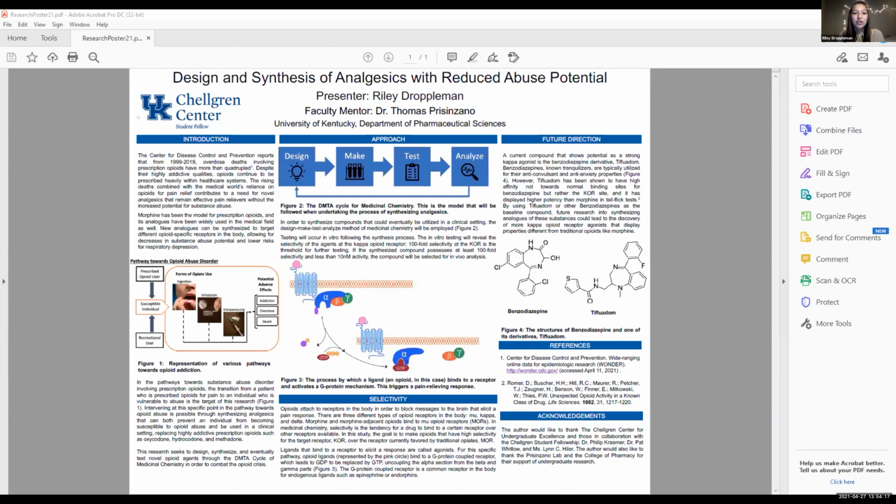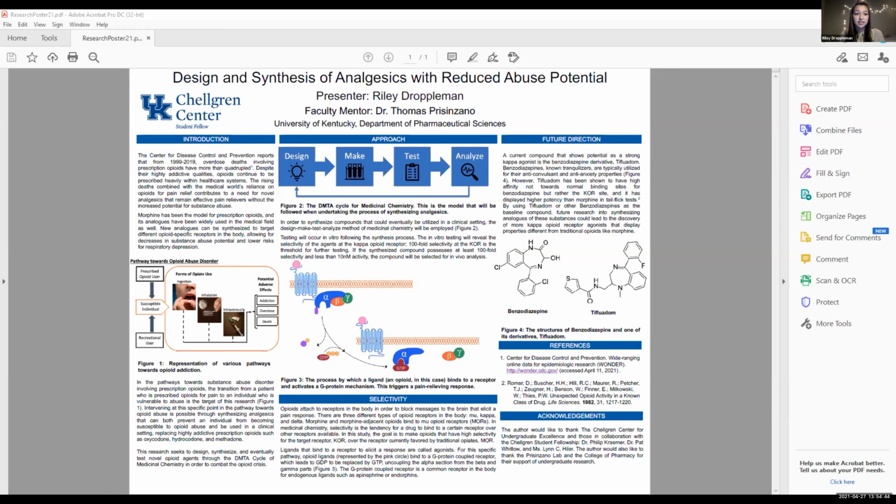And I have another question. They ask, is the binding affinity similar to opioids? I assume that you're talking about tiflodome. The binding affinity for tiflodome is very similar to opioids at the moment. They bind very well to the kappa opioid receptor site in the body.